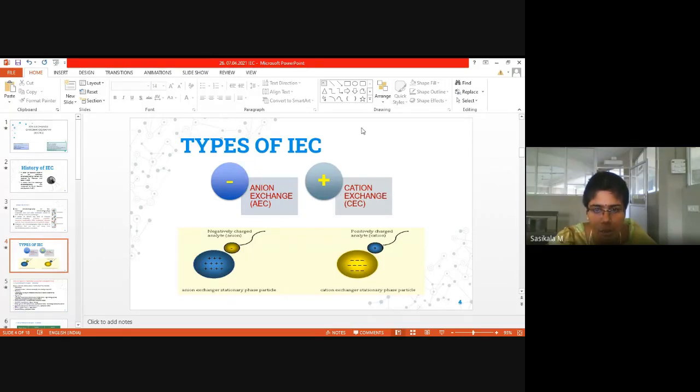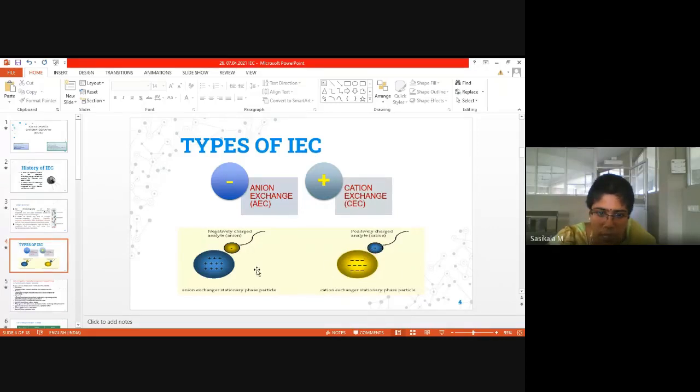The analyte or solute you are going to separate by this chromatography, if it carries a negatively charged ion, is called an anion. If it is positively charged, it is called a cation. An anion is separated using an anion exchanger, which carries a positive charge to exchange the oppositely charged ion, whereas cation exchangers carry a negative charge, opposite to your cation molecule, so that it gets separated.